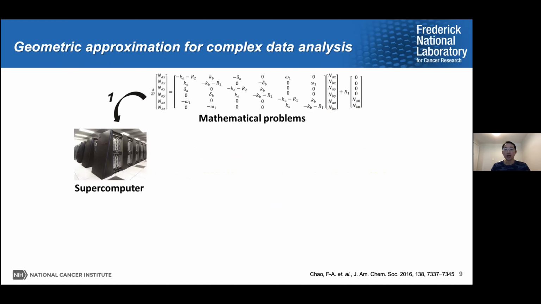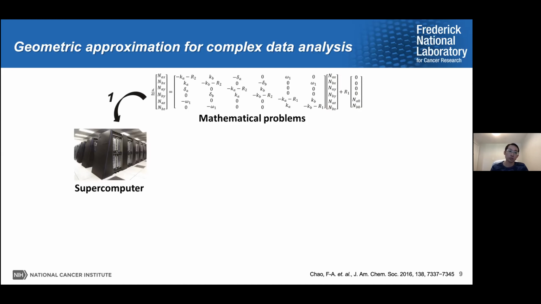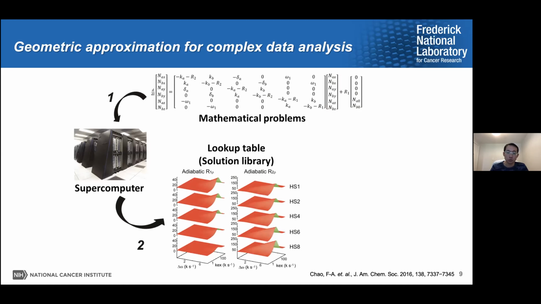Okay, so let's start with a simple two-site exchange model. So this is the Bloch-McConnell equation, and we formulate the mathematical problem first, and then we use the supercomputer to help us compute the solution library, what Andy called a lookup table.